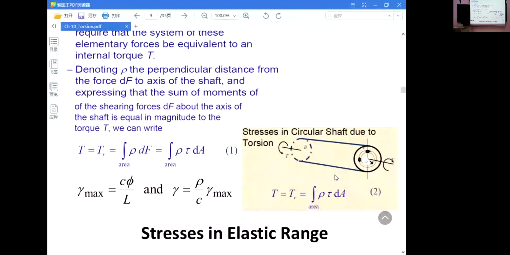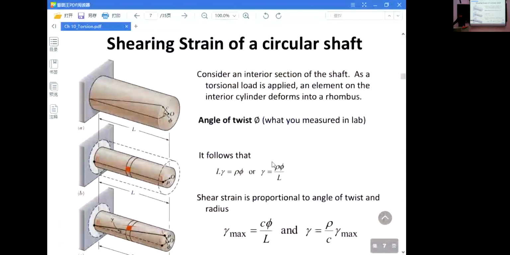I get all the equations. No, I make a mistake. I make a mistake.